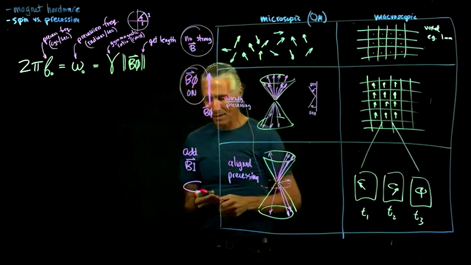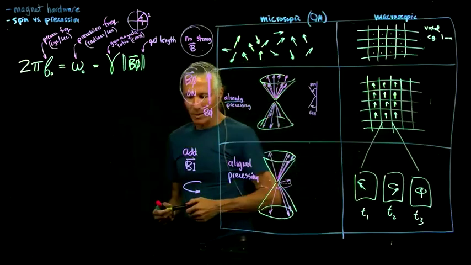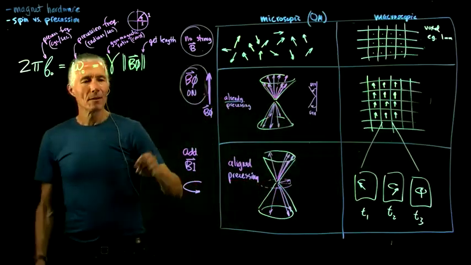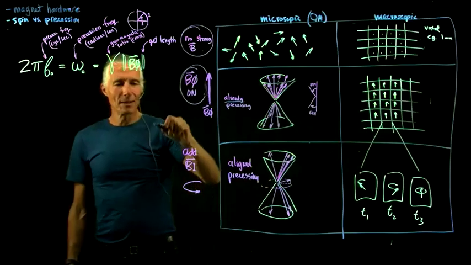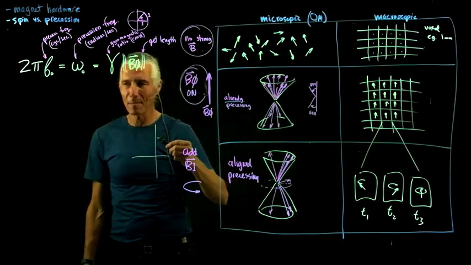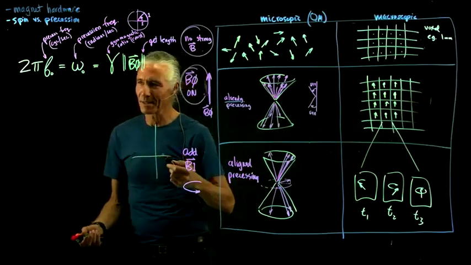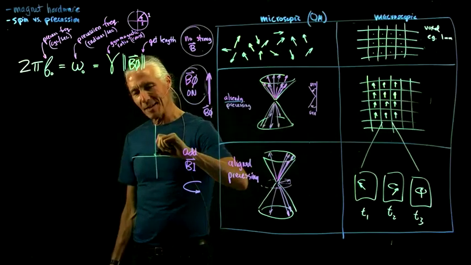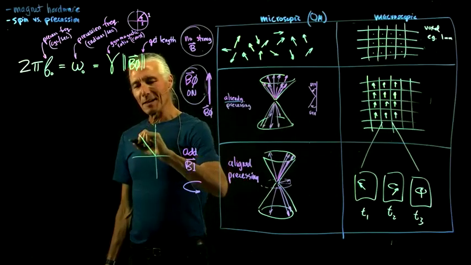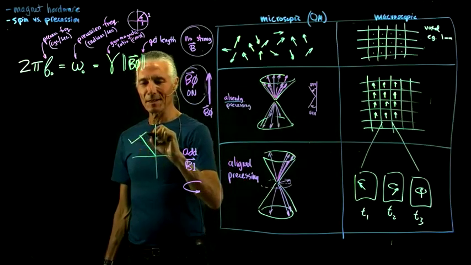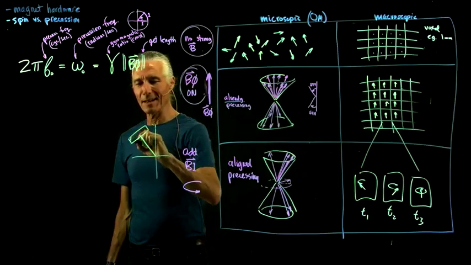Now, just to compare that to a top. So here's a top. A top is much more complicated because it can be all different sizes. Say the top consists of a little chunk of metal like that.